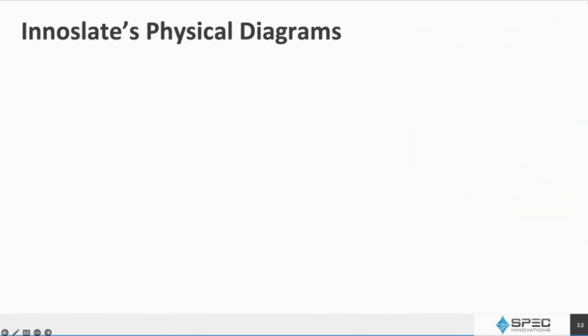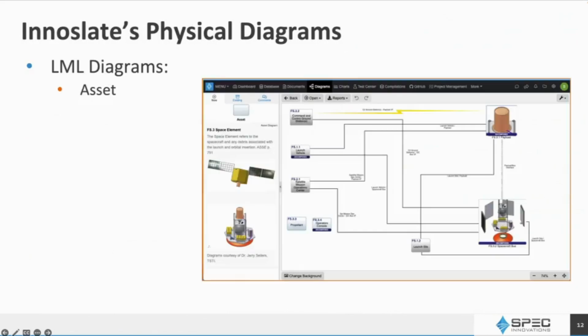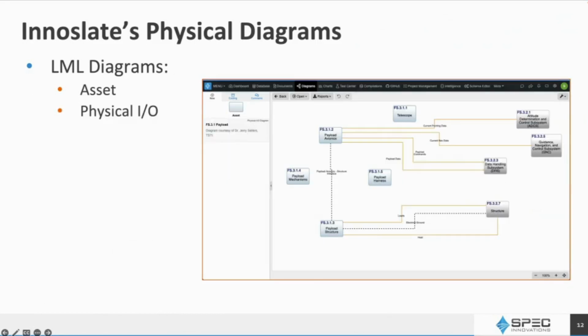So let's talk about physical diagrams from Innoslate. So we have an LML. There's an asset diagram, which is one of the mandatory diagrams. And then physical I/O is a diagram that comes into play. The solid line indicates that's the I/O.